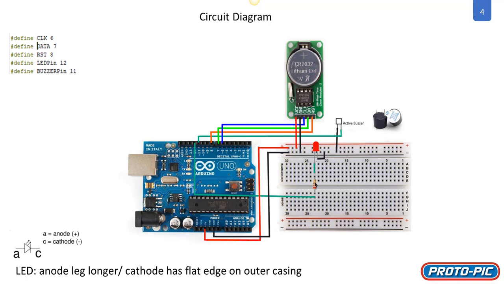I show here a 330 ohm resistor, but in fact, the kit supplies 220 ohms, which are perfectly fine for that. If the legs have been trimmed, so they're both the same size, we can notice that the outer casing of the LED has a flat area on it, and that flat area is actually connected to the cathode. So there's a circuit diagram, and that should be enough for you to get your job done.